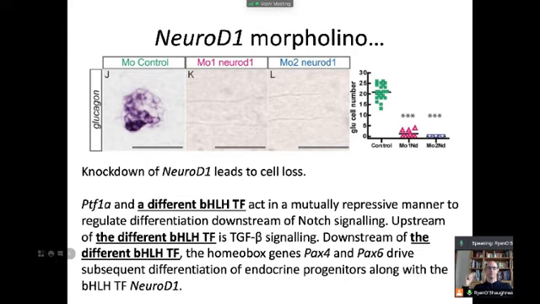Upstream of the different basic helix loop helix transcription factors is TGF beta signaling, which is what we saw in those previous slides. Downstream of these transcription factors, the homeobox genes PAX4 and PAX6 drive subsequent differentiation of endocrine progenitors, along with the basic helix loop helix transcription factor NeuroD1.